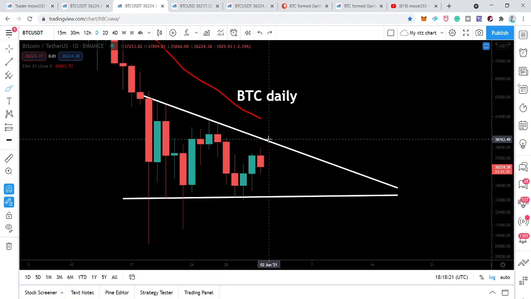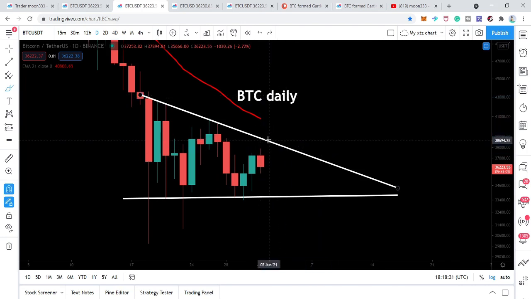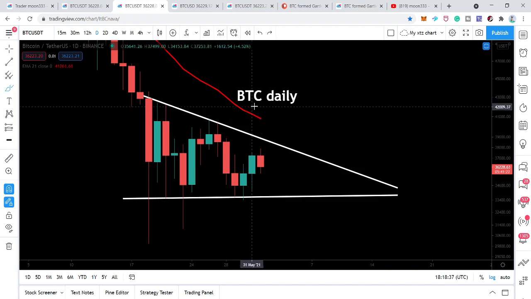And if we will have a daily closing above this $38,500, then the price action can confirm this breakout. Now here on the daily time frame chart, we also have the EMA 21 as well.